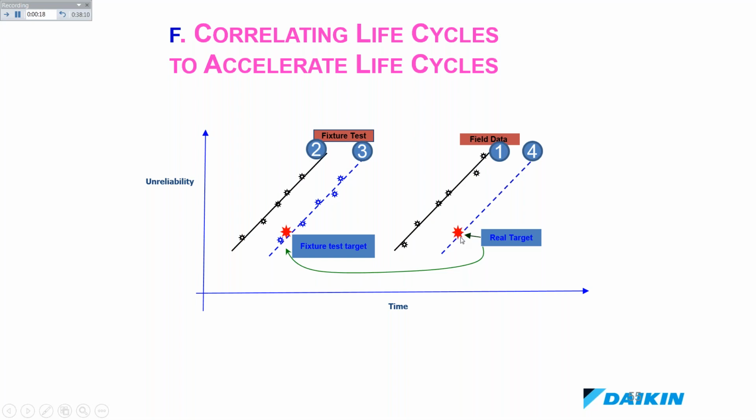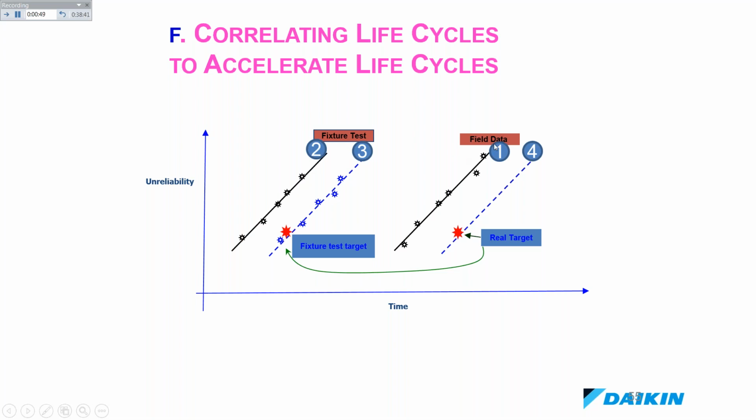You want something right here, but they're failing before the target reliability. Now you make a fixture. You get the same batch and simulate the same testing, and then you reproduce the same failure mode right here. So you now have field data and you have a test fixture that reproduces the same failure mode.